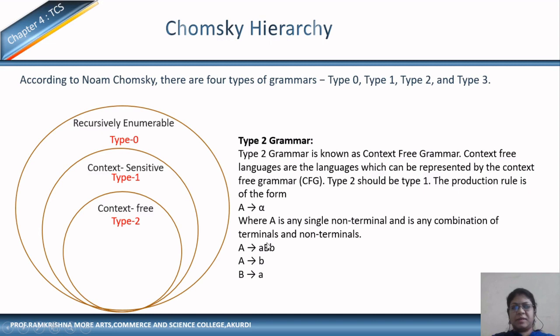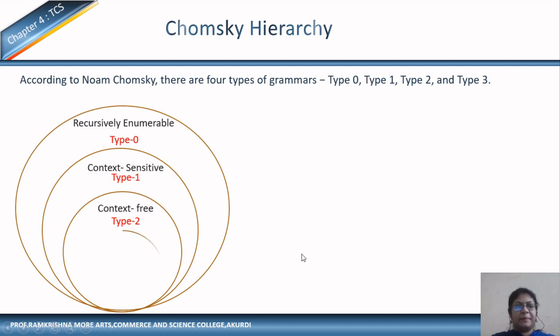So A gives AB, B gives A. You can see on the left hand side there is a single non-terminal, and on the right hand side it is alpha, which can be a combination of any terminals and non-terminals. There is no restriction there, but on the LHS there should be a single non-terminal.